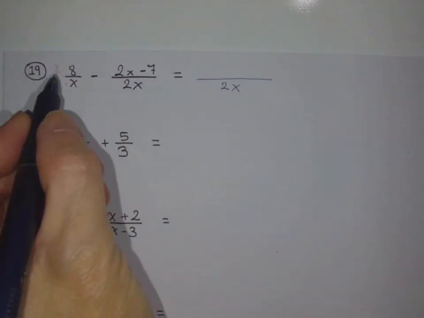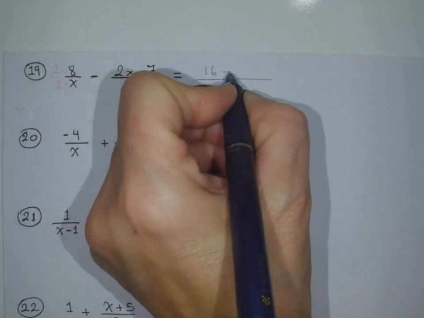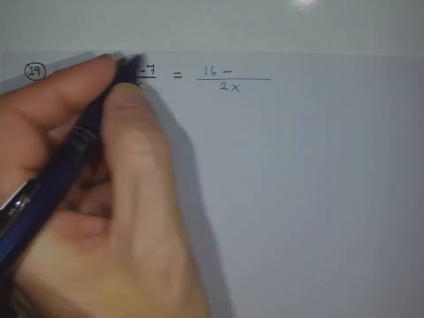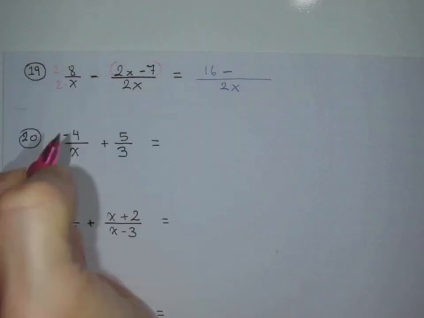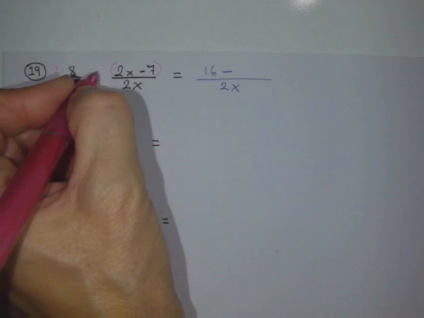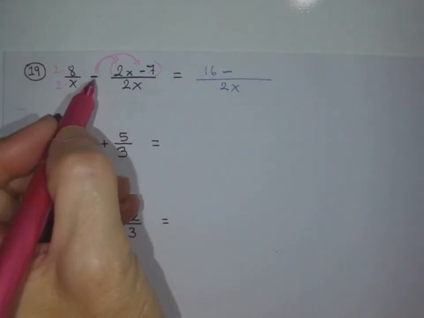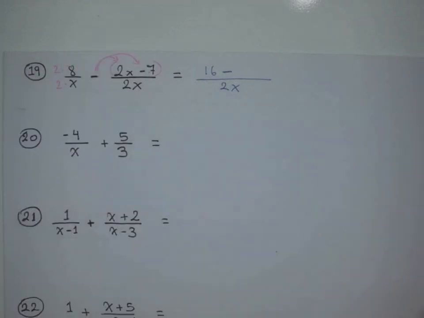And then 2 times 8 is 16. It was a minus between them, so minus. And then 2x minus 7. But now, be careful because this minus subtracts all of that, right? Meaning this negative is going to have to be distributed here. So that's going to be negative 2x, and that's going to become a plus 7.